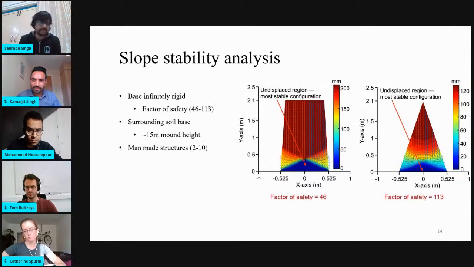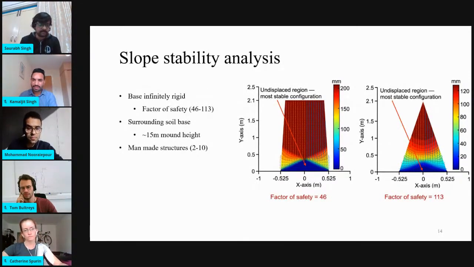The factor of safety is high because the strength is much higher than what the size of the mound requires. For this size, we do not require the termite soil to have such high strength. I cannot actually say anything about the distribution of factor of safety for all the mounds, but if I have the properties of all the mounds, I can do this slope stability analysis and get it.